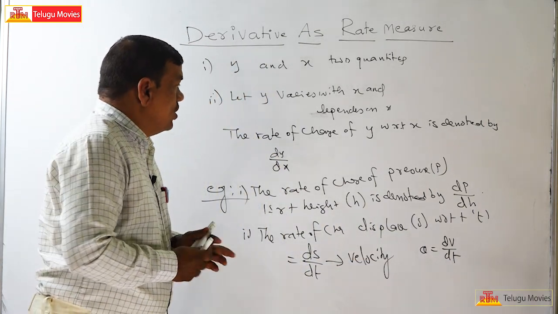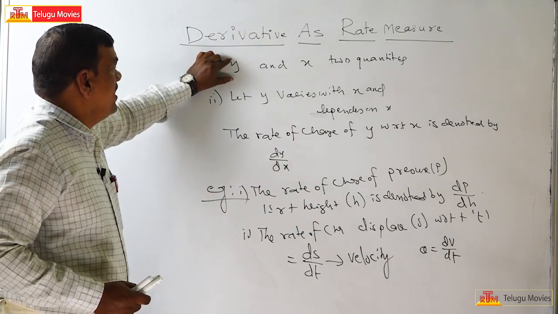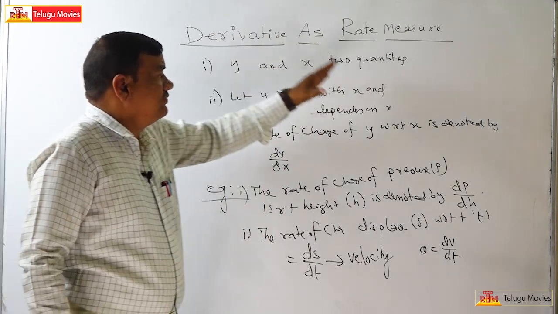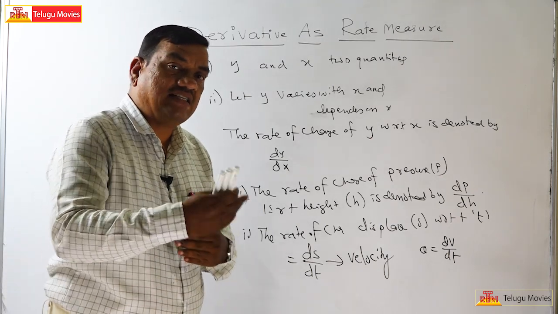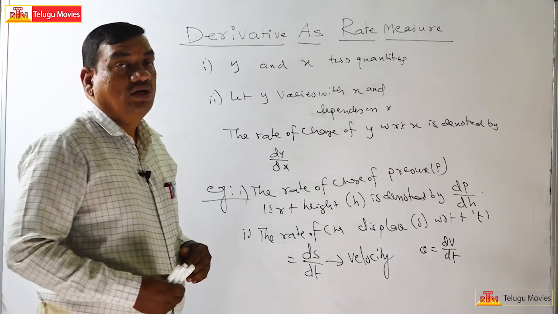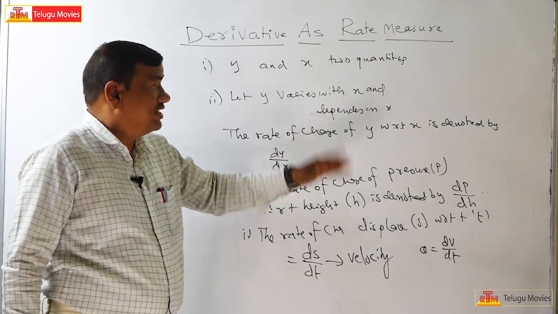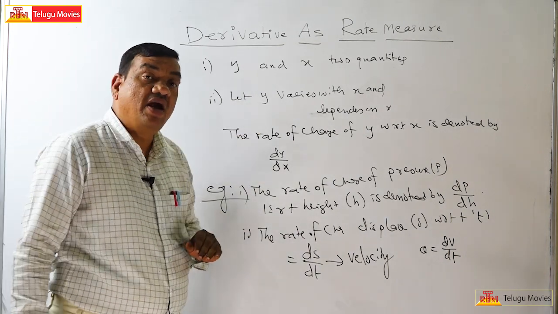Okay, now from this, what can you learn? y and x are two quantities. Let y vary with x and depend on x. That means as x changes, y also changes. Then the rate of change of y with respect to x is denoted by dy by dx.